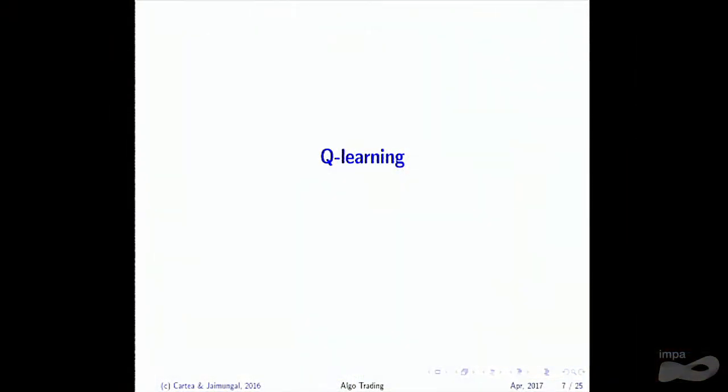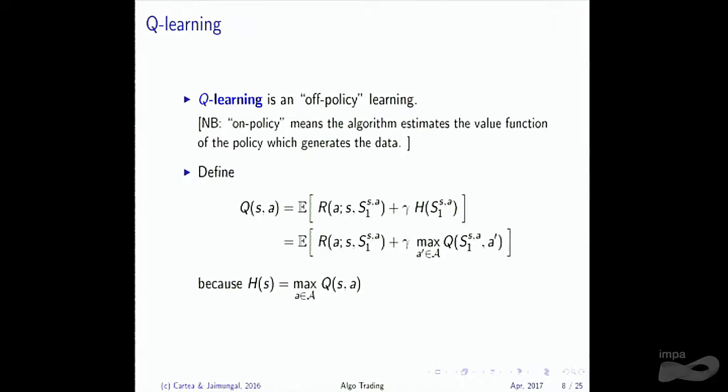So Q-learning is, they call it, actually I don't even quite remember why the letter Q was used, but here's what the letter Q means. Define Q, which is a function of the point in state space and an action you take, as the expected value of the reward you get by taking that action at that point in state space, and of course you get into a new random point in state space, plus the value function at the new point.